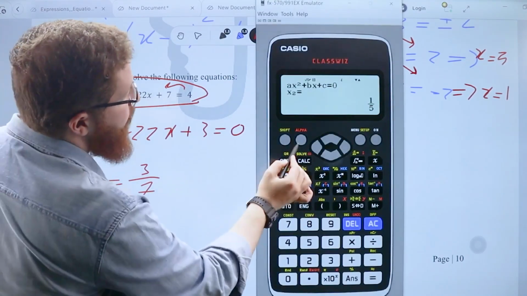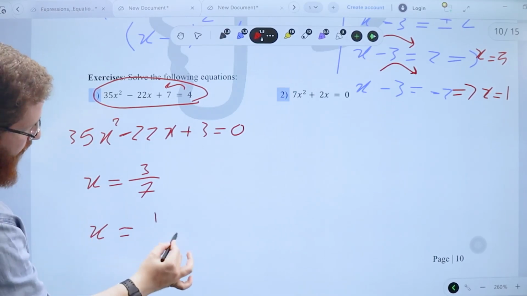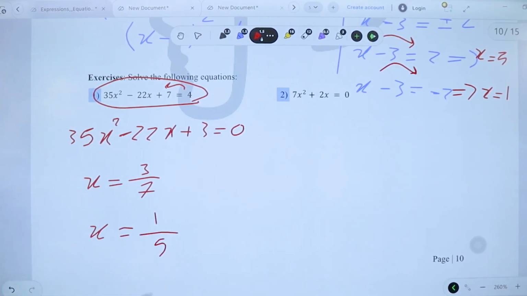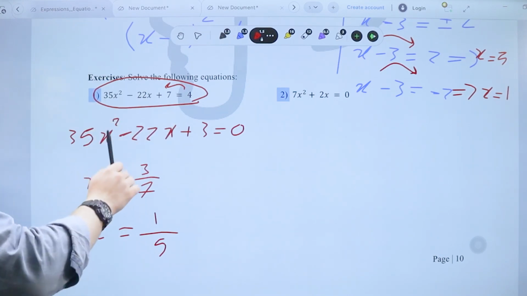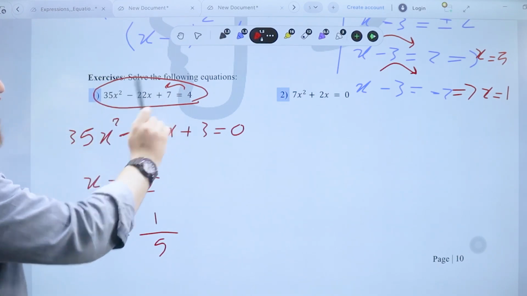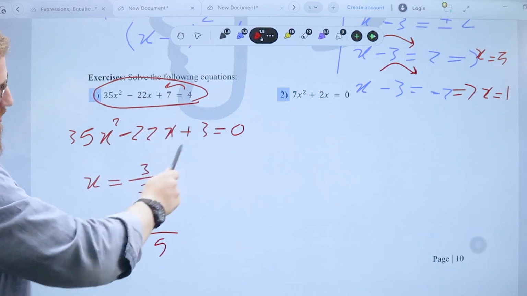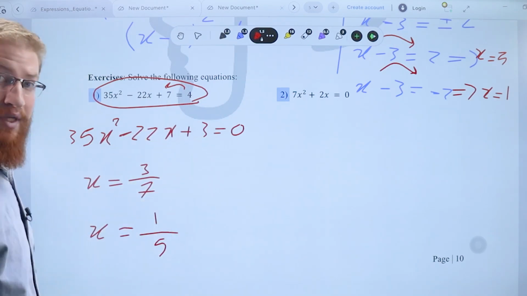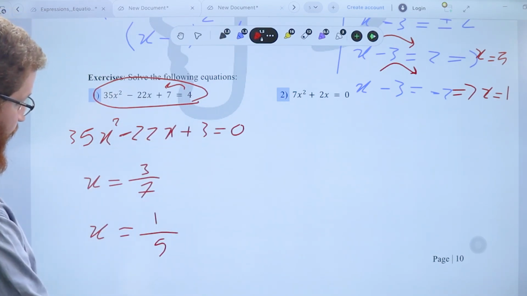And the second value of x is 1 over 5. x equals 1 over 5. If you substitute any of these two values in this equation, it will be true. If you substitute it here, all this side will be equal to 0. Very good.